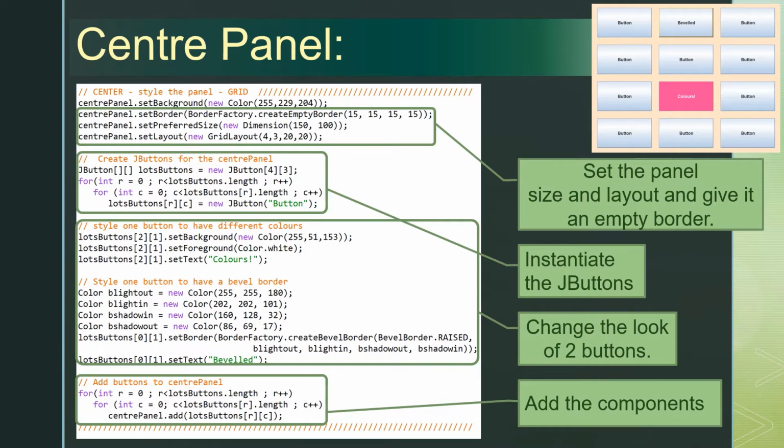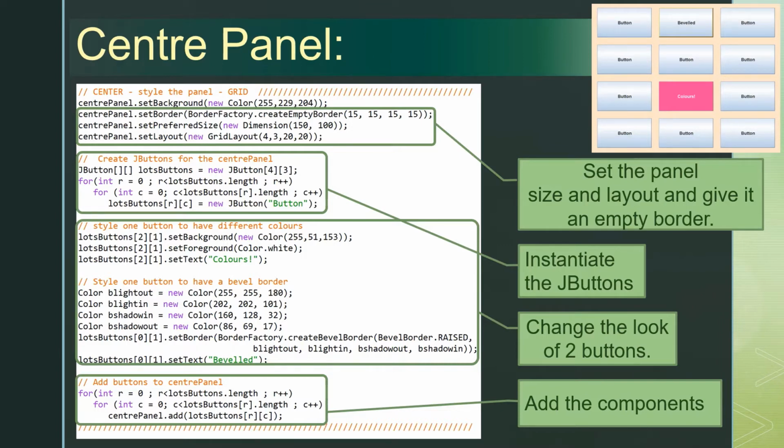So how do we get all this to happen? First of all, we're setting the border and create empty border 15, 15, 15, 15. That's the number of pixels around each of the 4 sides. The preferred size of the actual panel, I'm going to make 150 by 100.